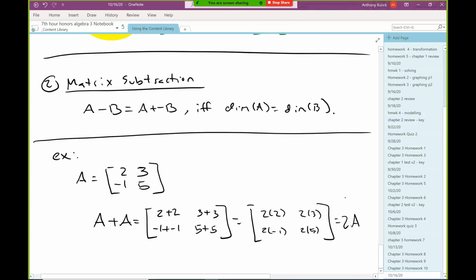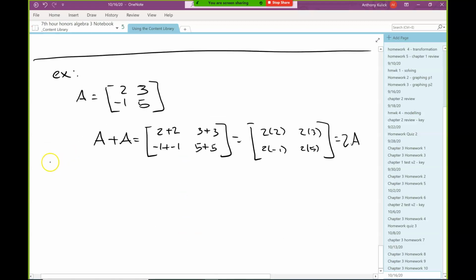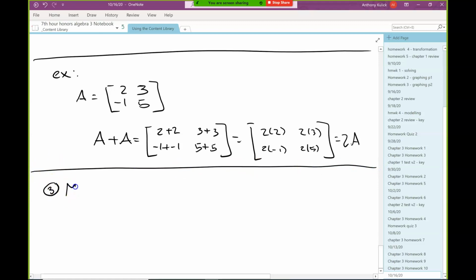That's what everybody wants to be able to do. Does that feel okay? Good, right? We want to be able to do this. Everybody agree? We want to be able to say A plus A gives us 2A. So that's going to become a new operation. We're going to call this scalar multiplication.